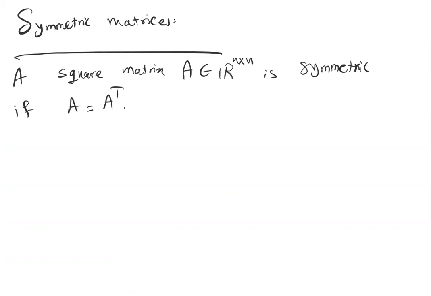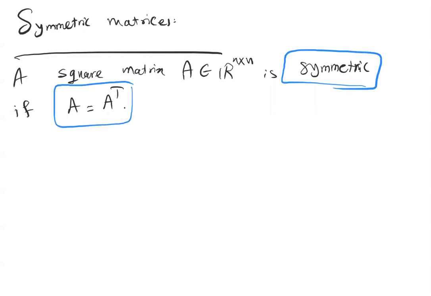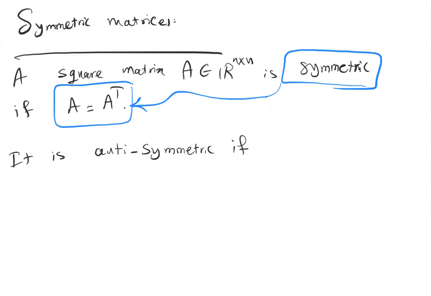So in order to be symmetric, A should be equal to A transpose. And also, this matrix is anti-symmetric if A is equal to minus A transpose.